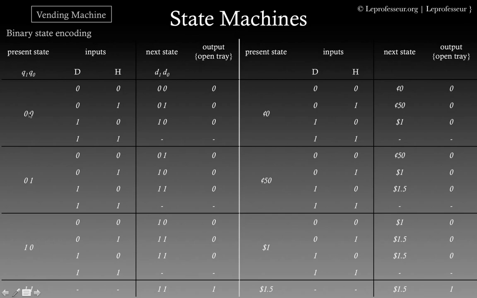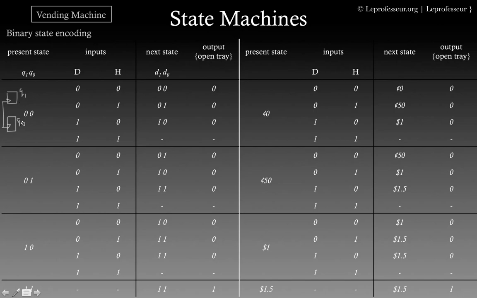Now here 0 0 means Q1 Q0. You may think of it as we have the flip-flops Q1, Q0, and the state of your machine or circuit is stored in these flops.